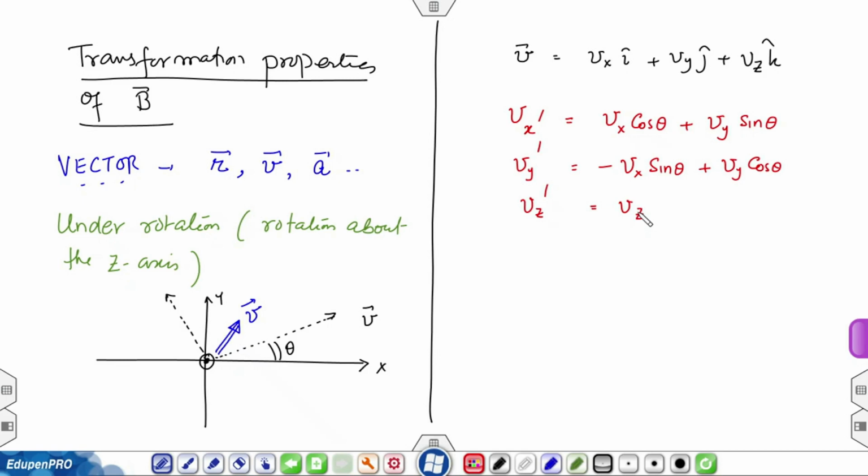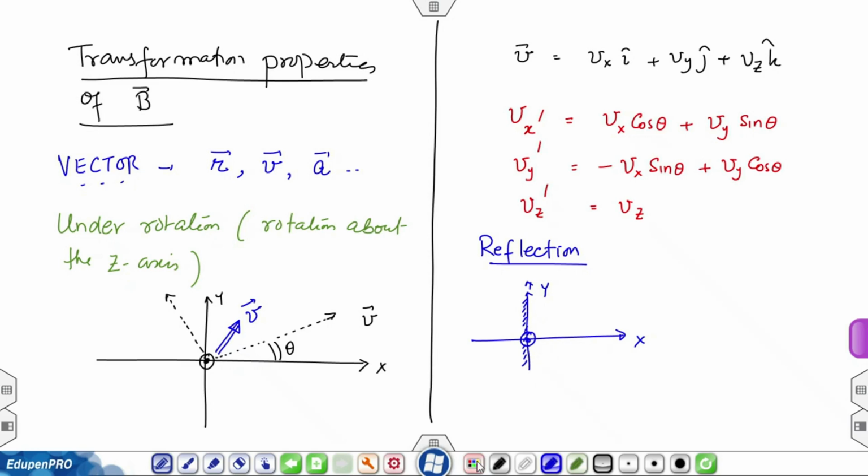What about reflection? So, let us ask about reflection. Again, I am going to take one particular reflection. I am given this set of axes x, y and z coming out, and let us say I reflect about the y axis.